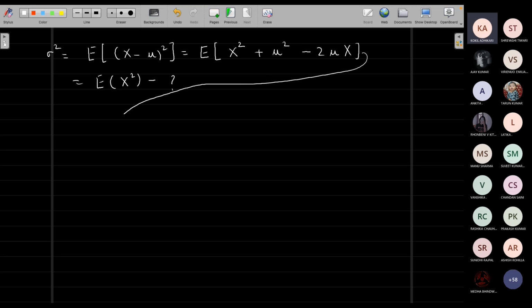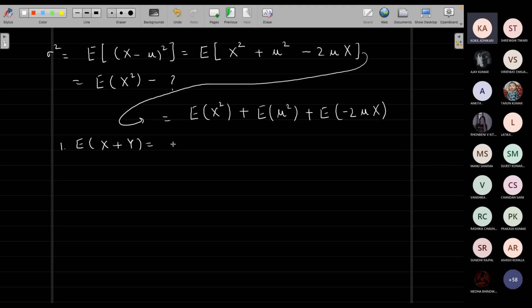So what will it become? Expectation value of x square, plus expectation value of mu square, plus expectation value of minus 2 mu x. Now here what I am using is, one, that the expectation value of x plus y can be written as this.